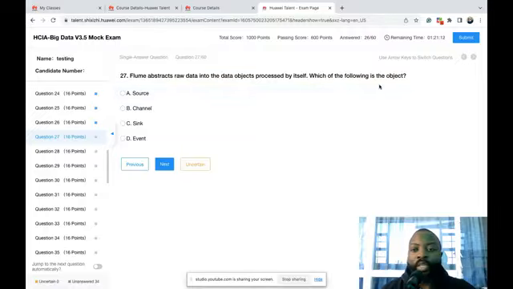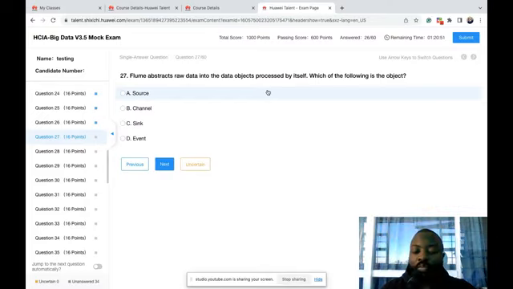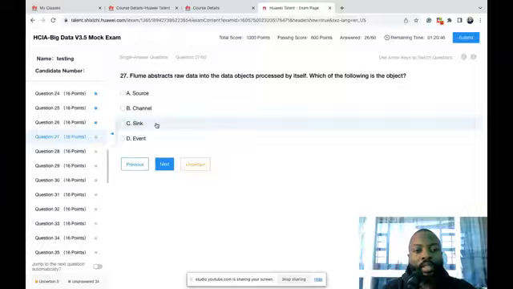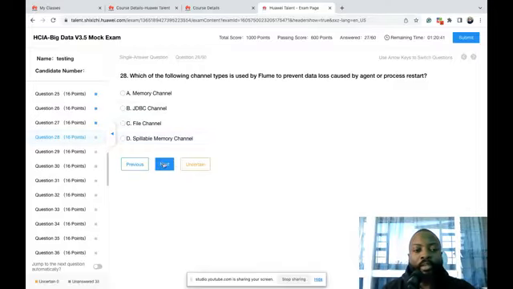Which of the following is correct? Which of the following is the object? Let's see, we have source, channel, yeah. Okay, we have the event, yes, because we have the event as the object then.